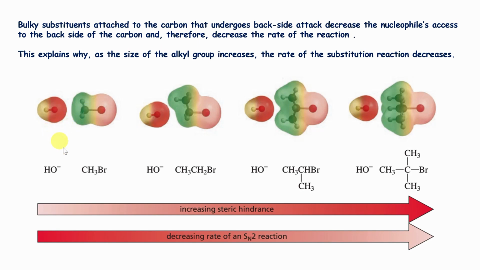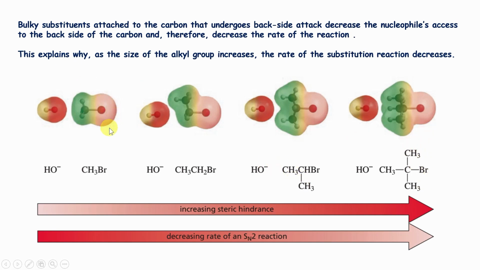From methyl bromide to tertiary butyl bromide, this access continues to decrease, thereby the rate of SN2 reaction continues to decrease: methyl bromide, primary alkyl halide, for example ethyl bromide, then secondary alkyl halide, that is 2-bromopropane, and then tertiary butyl bromide.